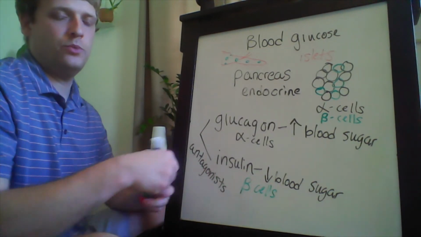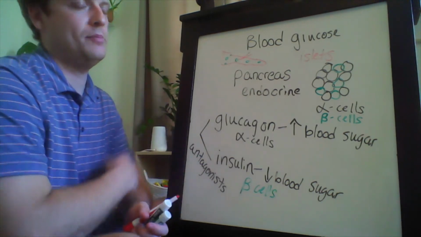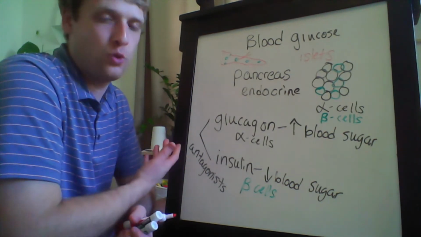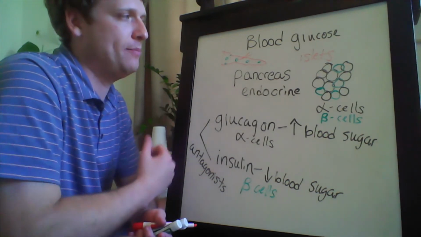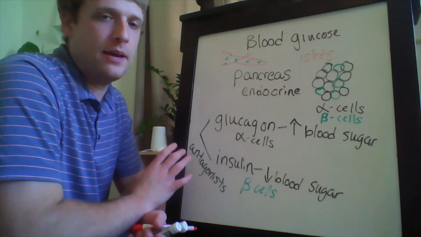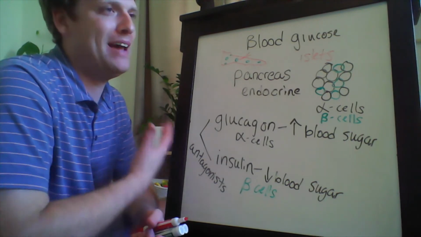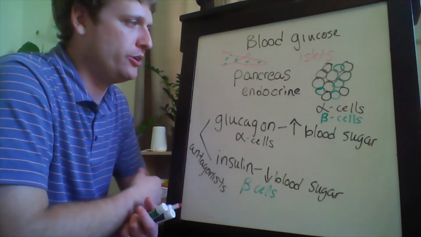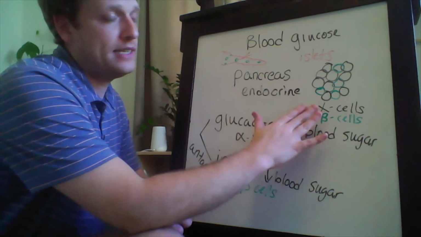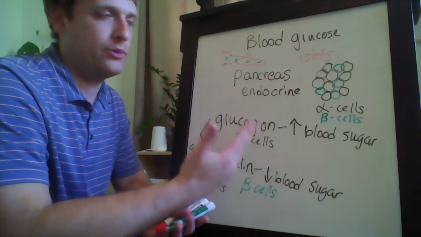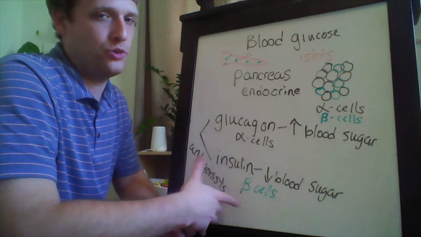And so when you think about how a biological variable is controlled by the body, there's a control center, but there's also a receptor. And those receptors are going to be measuring how much blood glucose there is. So in this case, these cells are both the receptor and the control center.